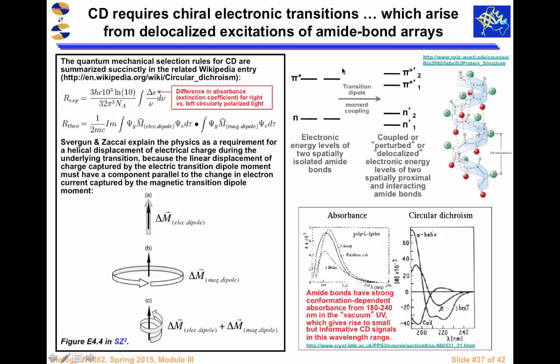The same thing happens in the pi star antibonding orbital. The equal energy levels in the separated molecules now split in energy depending on the electric dipole interactions with the nearby amide group.